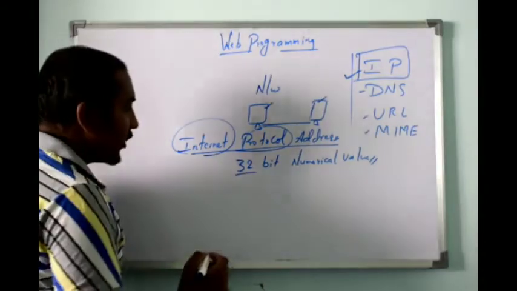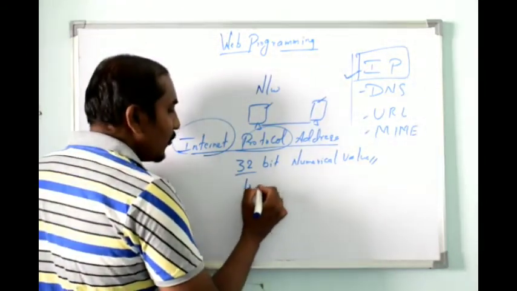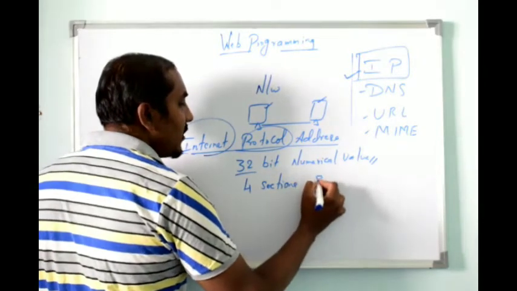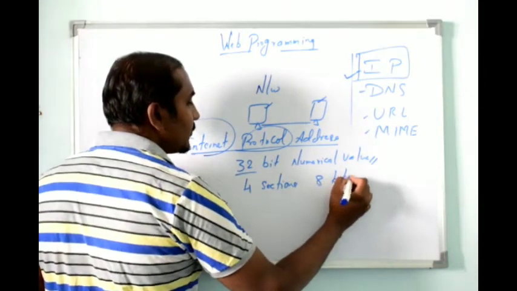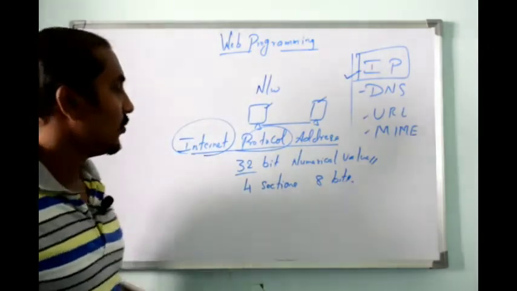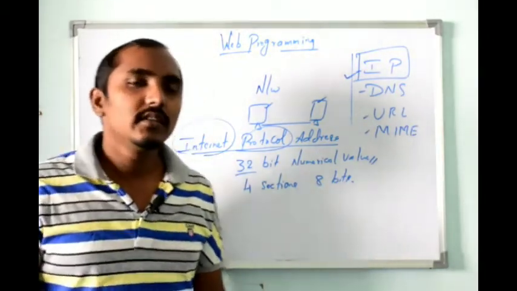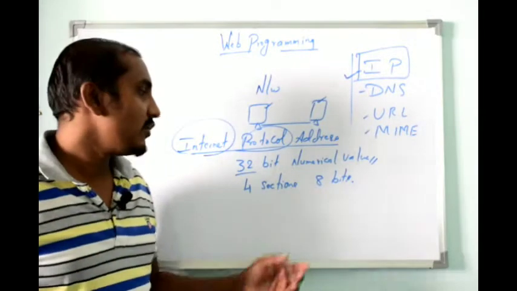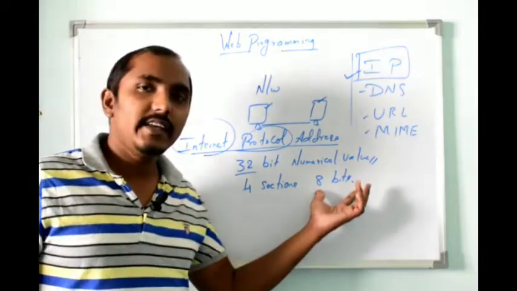This 32 bits will be divided into 4 sections, where each and every section will be made up of 8 bits. These 4 divisions have 8 bits each.